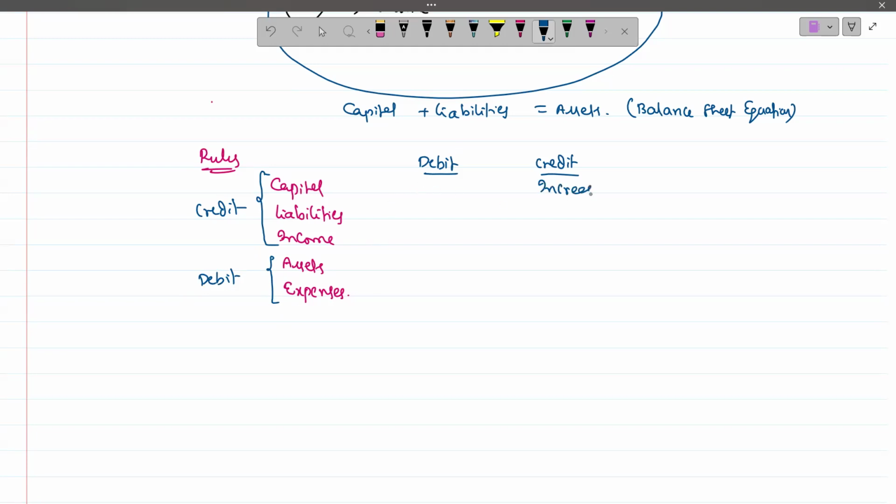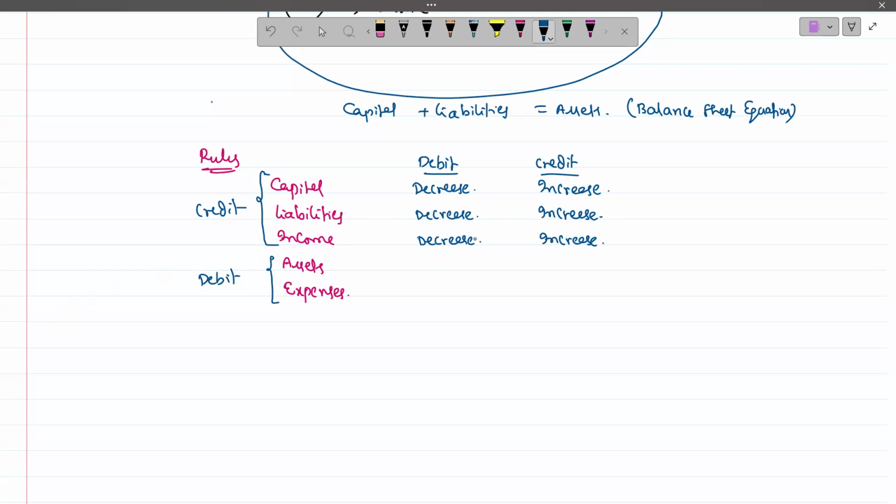And what is the rule for capital? Increase in capital is credited, decrease in capital is debited. And increase in liability is debited, decrease in liability is credited, and increase in income is credited, decrease in income is debited.